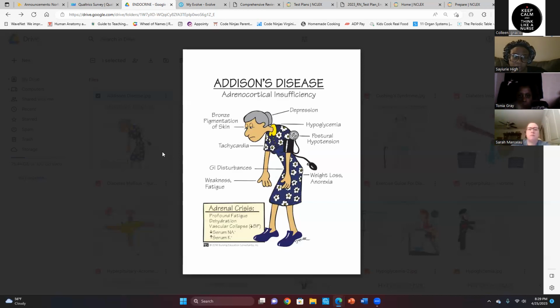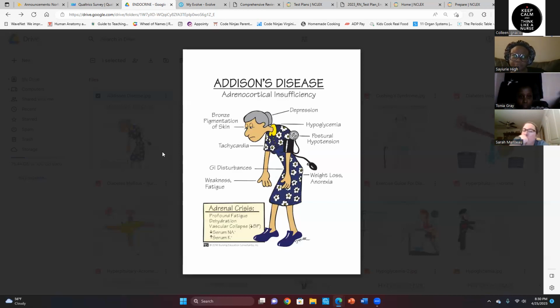respiratory support. When I think about my patient that has Addison's disease or adrenocortical insufficiency, the medications I would expect to administer would be some adrenocorticoids, like hydrocortisone or prednisone or cortisone. And so we really have to provide emotional support to this patient and educate the patient about the need for lifelong replacement.